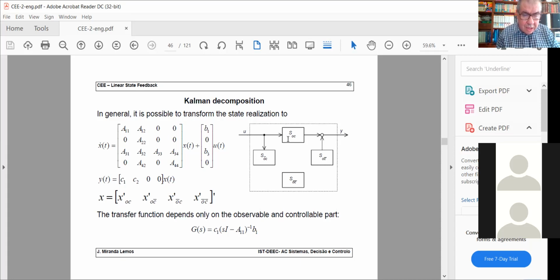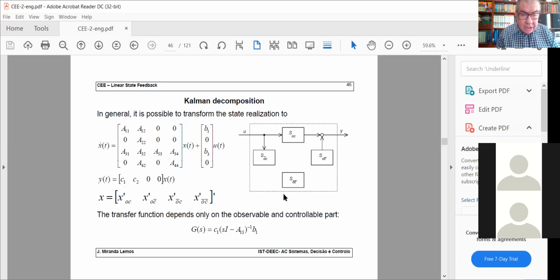You have one part which is not observable but controllable. This part is affected by the input but does not affect the output. Another part which is observable because it affects the output but not controllable because u does not affect it.